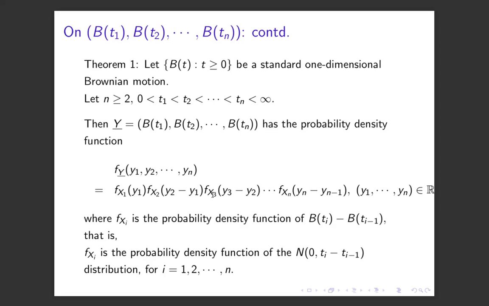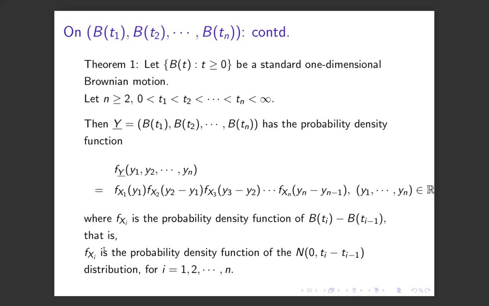Multiplied with f sub X3 at y3 minus y2, and so on. Finally, f sub Xn at yn minus yn minus 1. Where f sub Xi, the ith thing occurring here, is the probability density function of the random variable Bti minus Bti minus 1.